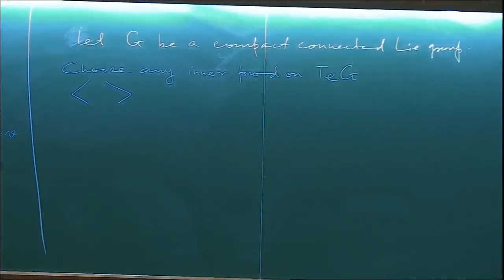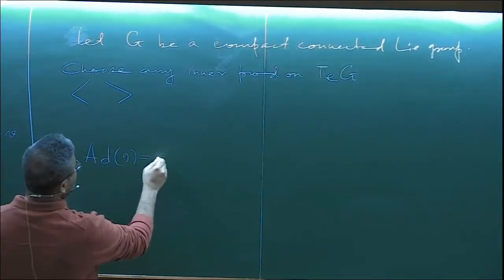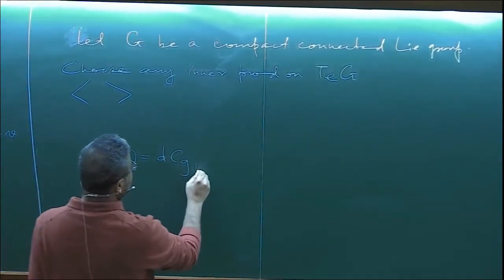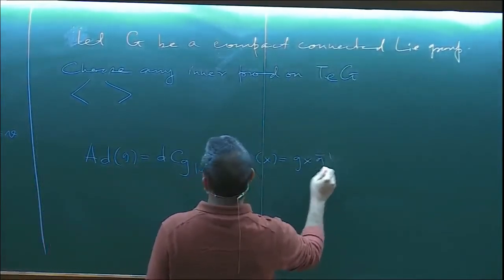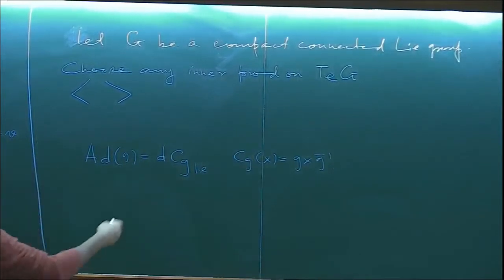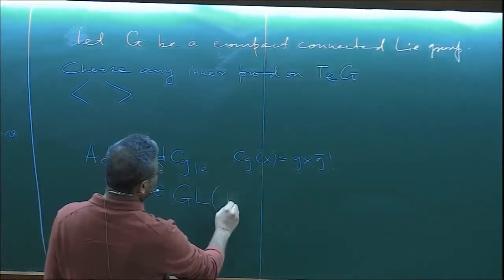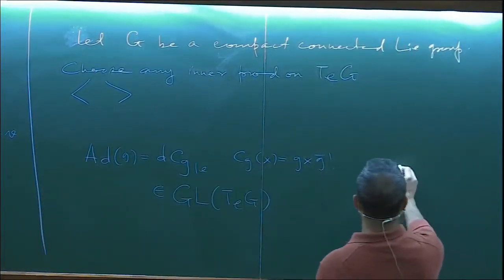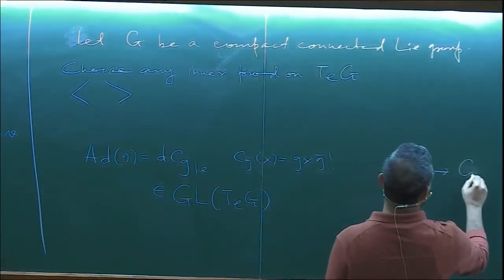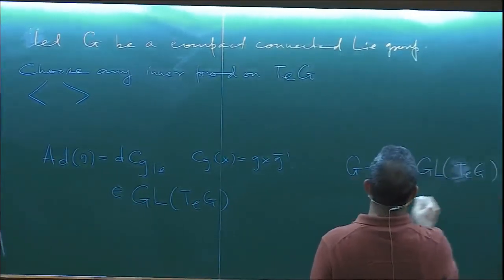So Ad G is the differential of C_G at E, where C_G is the conjugation by G. So it clearly fixes identity, and if you take the derivative, it belongs to GL of T_E G. So every Lie group has a natural representation this way to GL of T_E G.